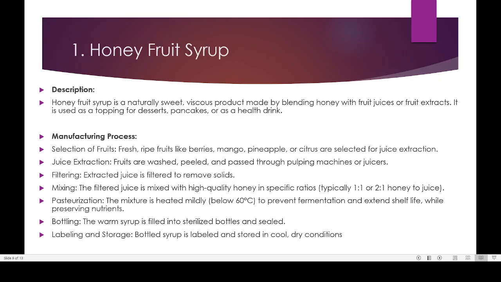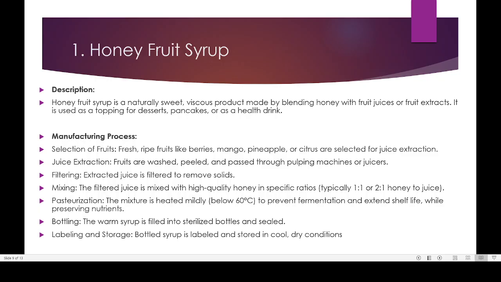Then another is honey fruit syrup. Let's see how honey fruit syrup appears.